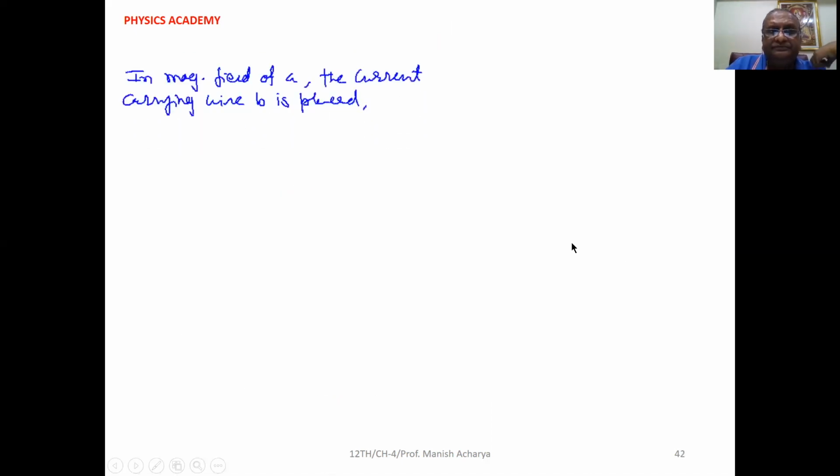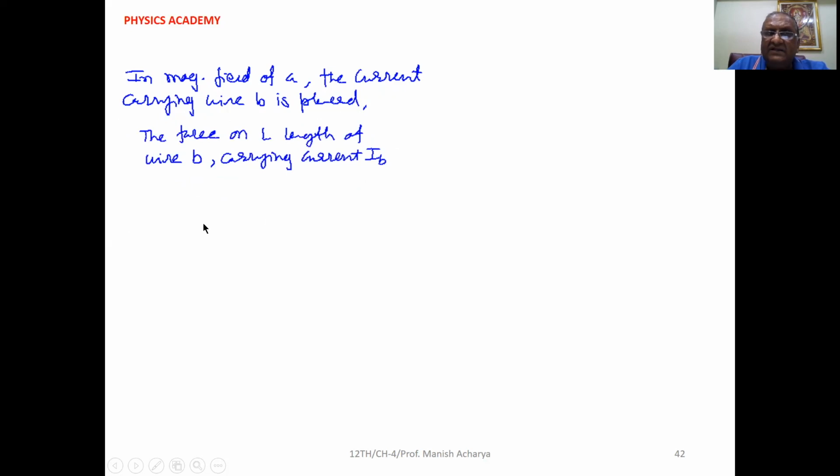Now see, in the magnetic field of A, the current carrying wire B is placed. So the force on L length of wire B carrying current IB.